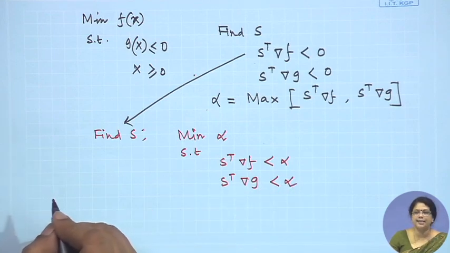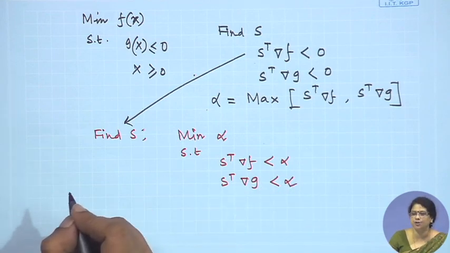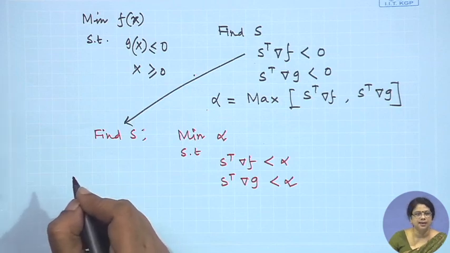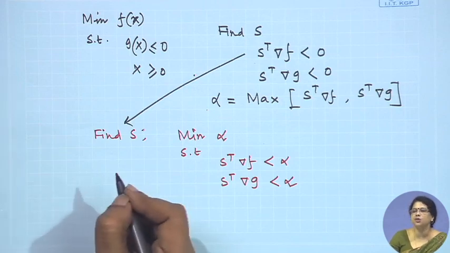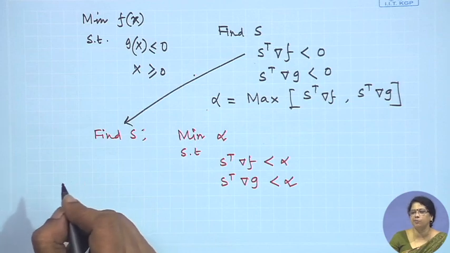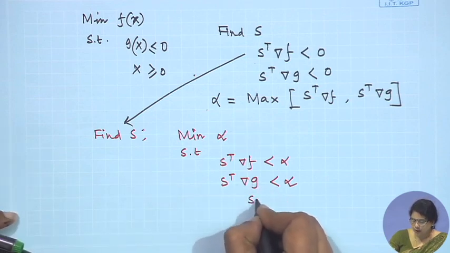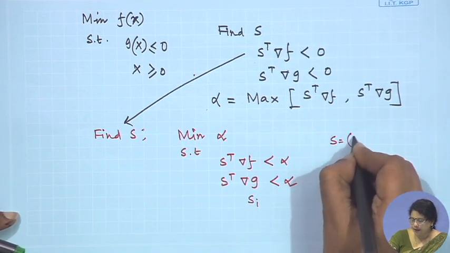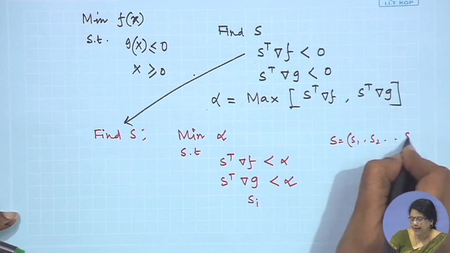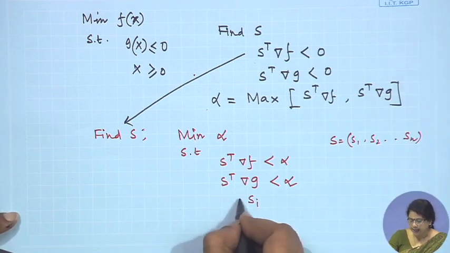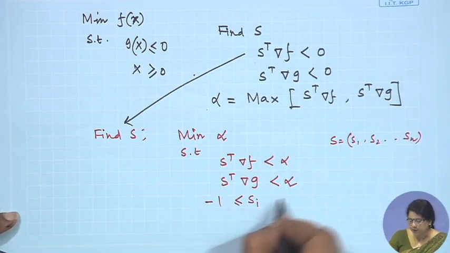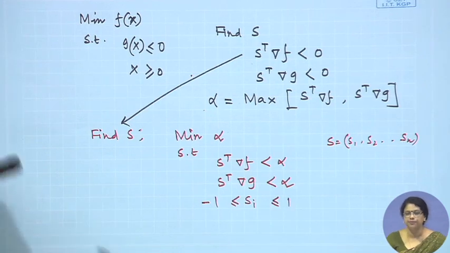What did I say? I said that S is a direction, S is a vector. If we have an n-dimensional decision vector, then S will have n components. That is why you must understand that for individual Si, where S would be S1, S2, Sn in n dimensions, each Si will be between -1 and 1.